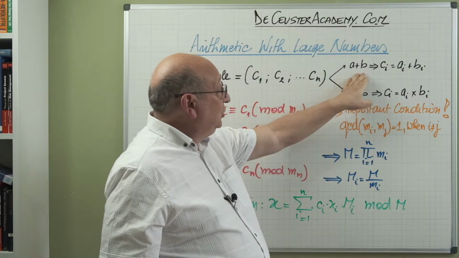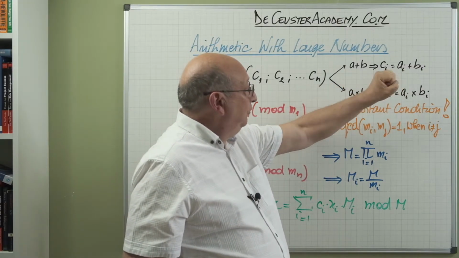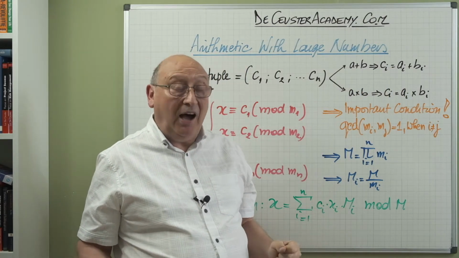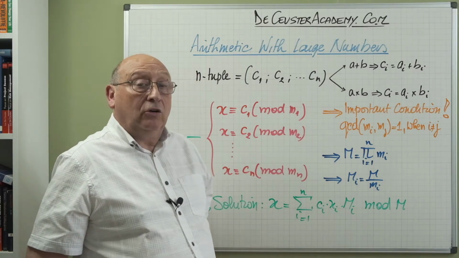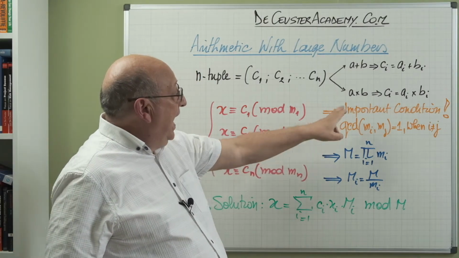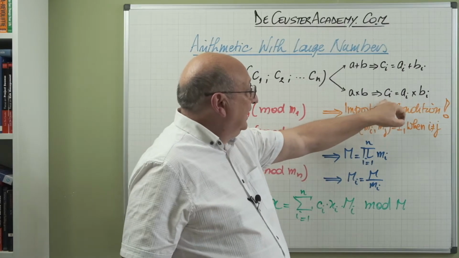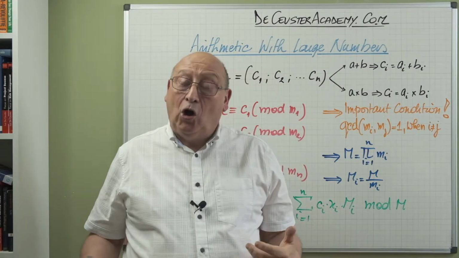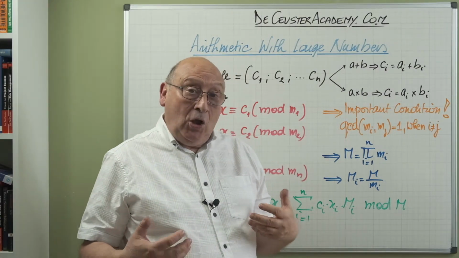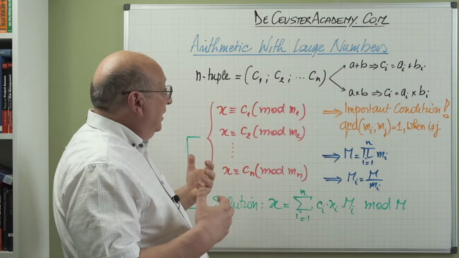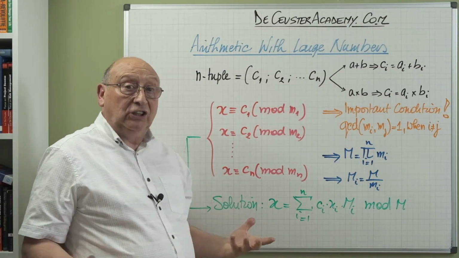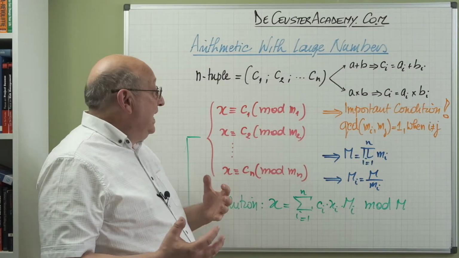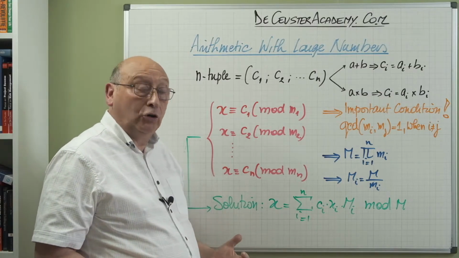When we look at the addition, the coefficient Ci is equal to Ai plus Bi, so we have the addition of the coefficients of the n-tuples, and when we have the multiplication, these values are in fact the multiplication of the respective values. Whatever the values here are, basically the solution is always the same, because we are going to translate this n-tuple into a set of linear congruences.